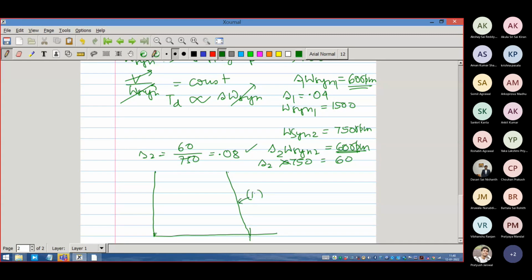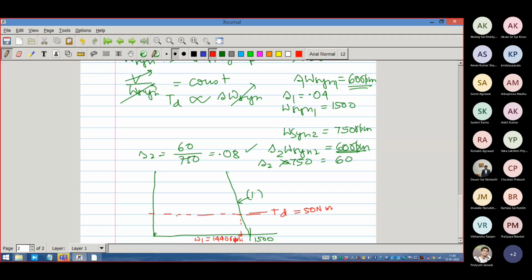It was synchronous speed 1500, and the operating torque was like this. This is the first torque TD, let us say 50 Newton meter, and the actual rotor speed corresponding to omega 1 is equal to 1440 RPM.